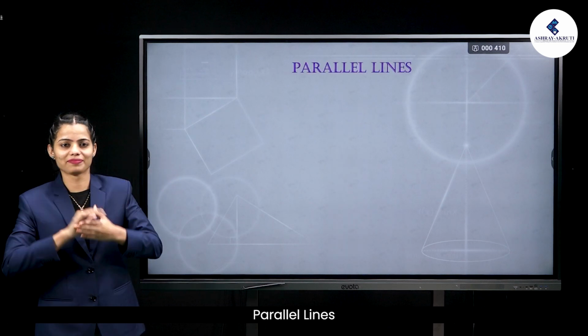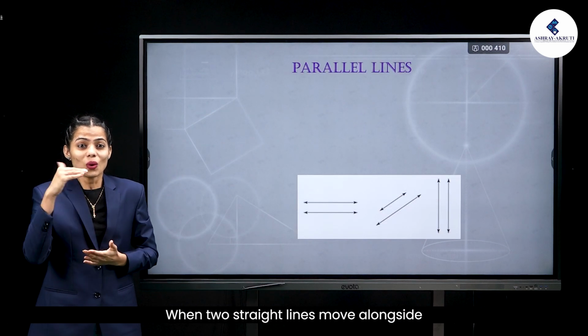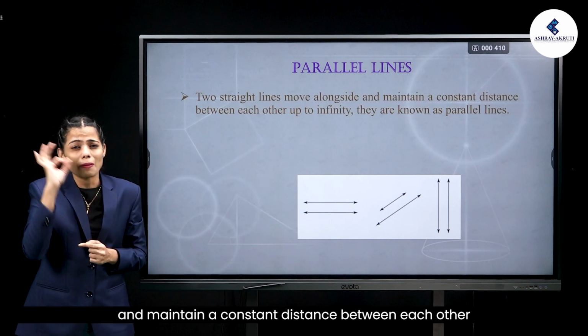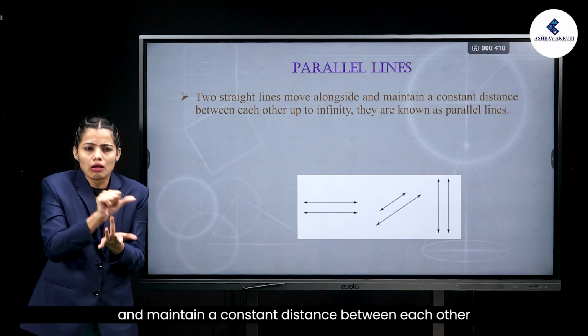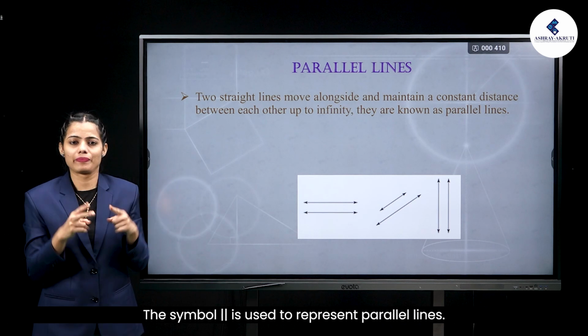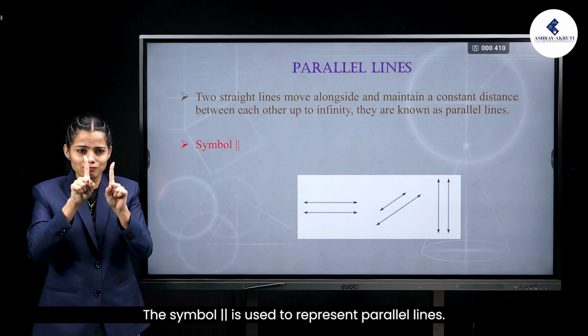Parallel lines. When two straight lines move alongside and maintain a constant distance between each other up to infinity, they are known as parallel lines. The symbol is used to represent parallel lines.